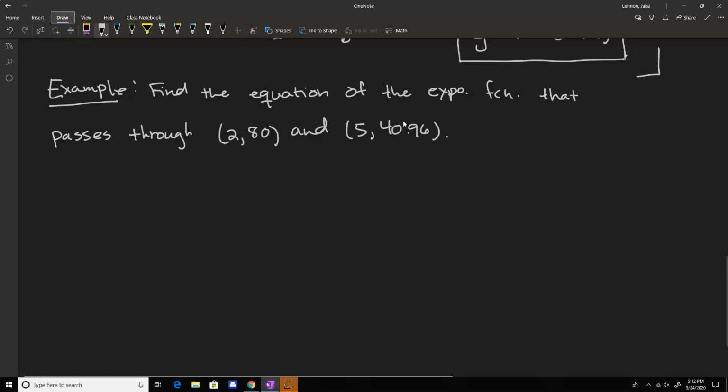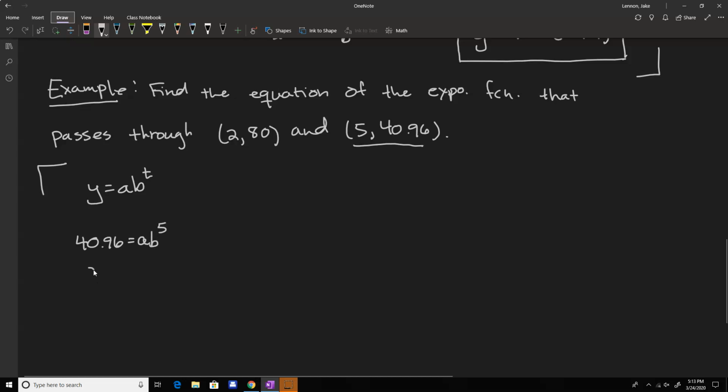Similar to the last problem, but let's just go through it again. We know an exponential formula should have the form y equals ab to the t, just by definition. So plug in both points. We want to plug in this point first because it has the larger t value of 5. So we have 40.96 equals ab to the 5th power.